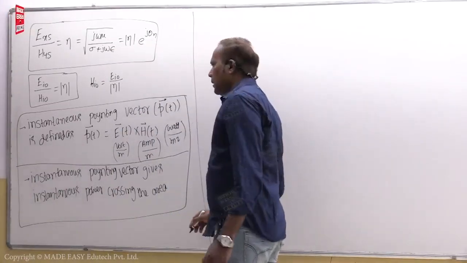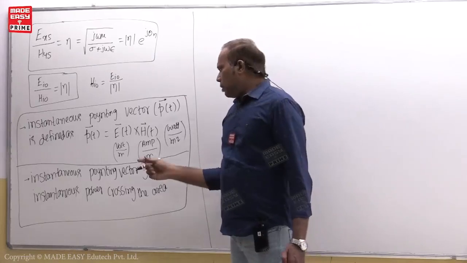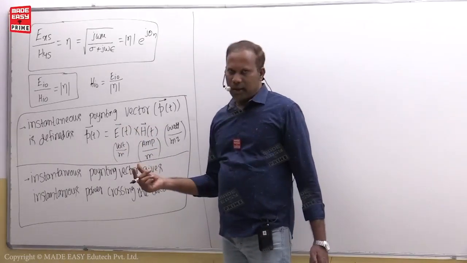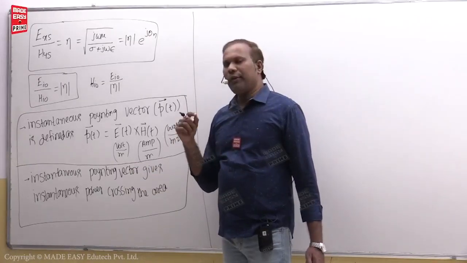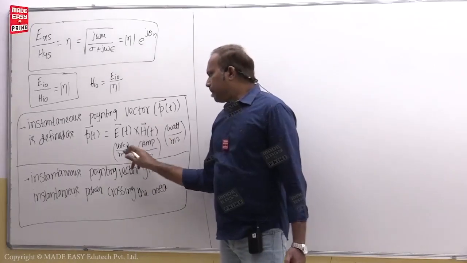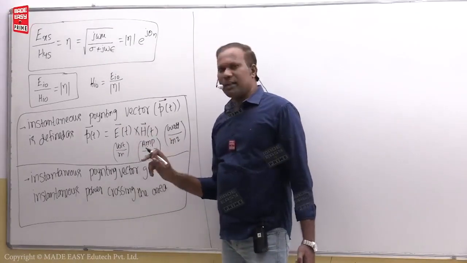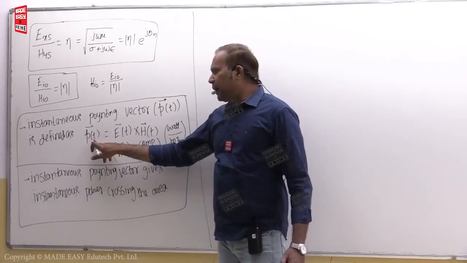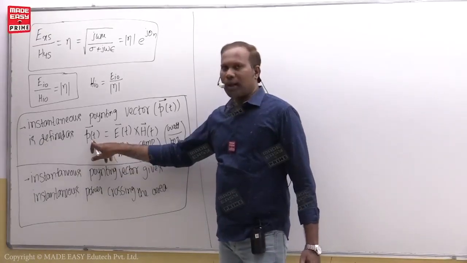Next, in network theory, V of t into I of t gives instantaneous power, but there we simply say P of t. That is not a vector, but here E bar is a vector and H bar is a vector. P of t gives the power flow direction.